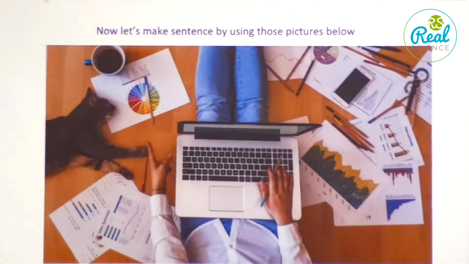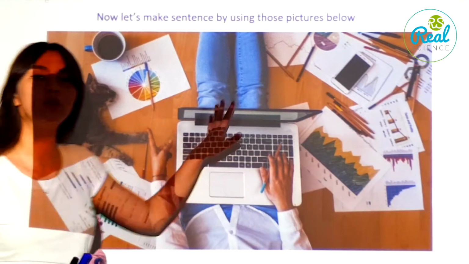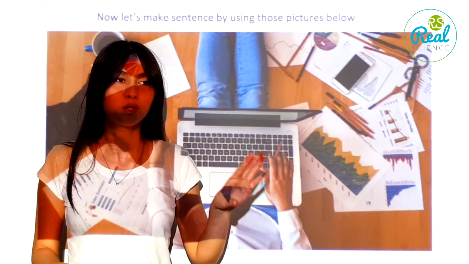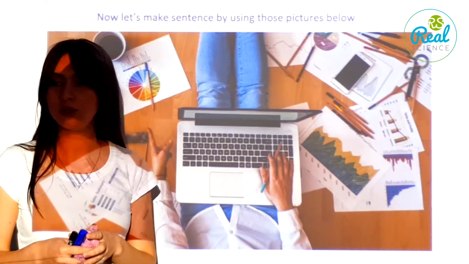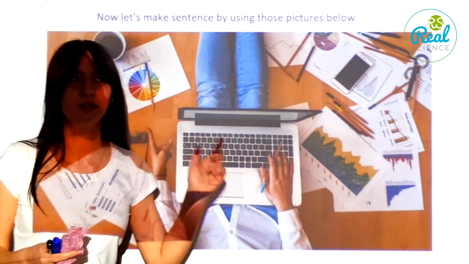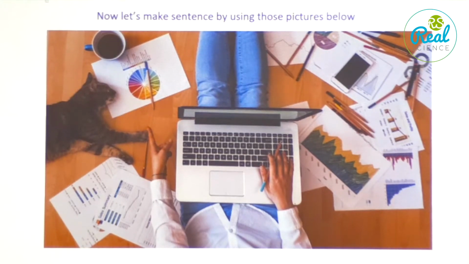Now let's move. Guys, now I will give you some pictures. So by looking at those pictures, guys, you have to make sentences, okay? So try to make as many sentences as you can. So who wants to make the first sentence? Okay, for the first one, this one. What is he or she doing? What do you think, guys?